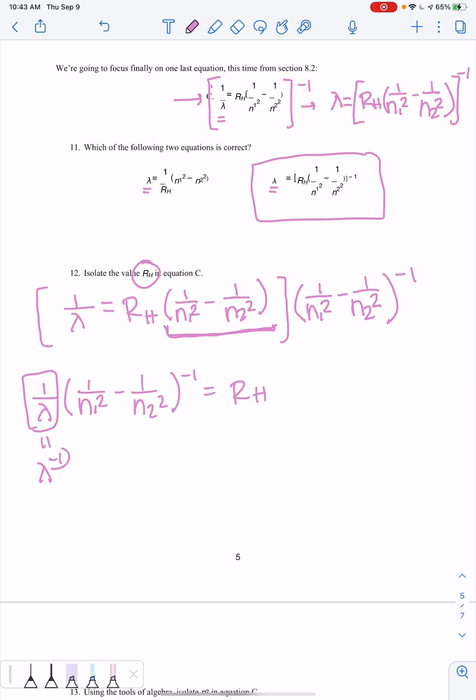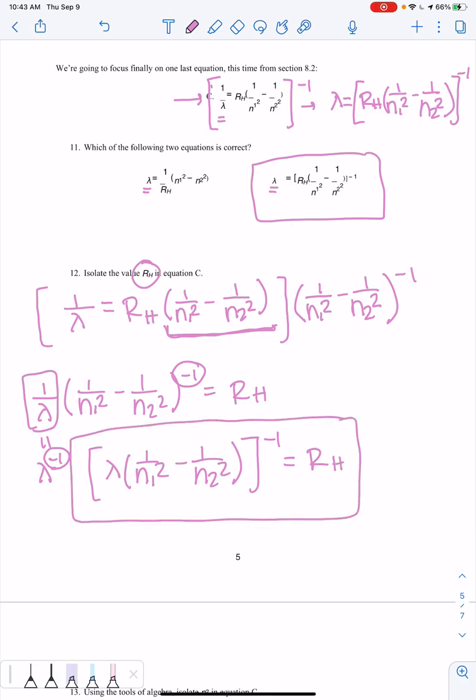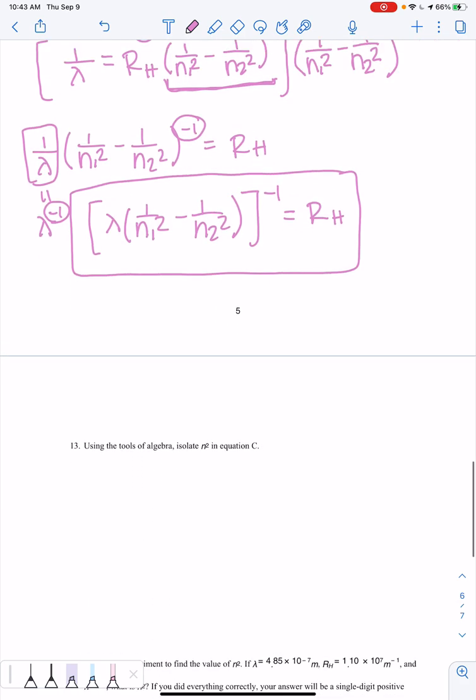Since both of these would have the same exponent, then we can pull out the negative exponent and write lambda times the whole parentheses again to the negative first power. That's just a little bit easier way of writing everything on the left side. And that is all equal to R_H. So that would be your answer for number 12. You don't technically have to do this distributing to the negative power. You could just leave it as this equation right here, and that would still be correct.